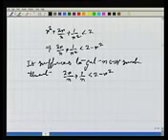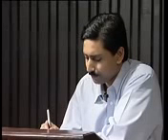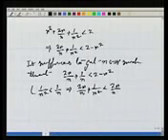This is simply because 1/n squared is strictly less than 1/n, and this implies 2r/n plus 1/n squared is strictly less than 2r/n plus 1/n.